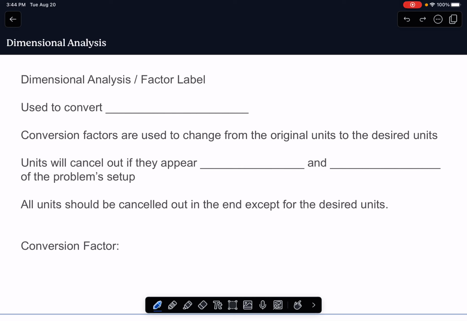In this video, I'm going to be going over exactly how to do dimensional analysis. So dimensional analysis is a way of converting between units that are typically non-metric units.